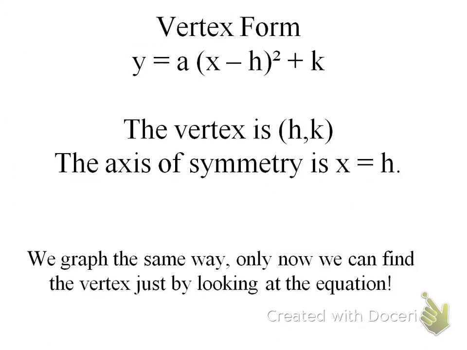All right, I told you we were learning 3 forms today. Here's our second one. It's called vertex form. y equals a times the quantity x minus h squared plus k. This form is really, really helpful because we don't have to do all that -b over 2a stuff to find the vertex. We already know the vertex. Whatever they're subtracting from x is our vertex.